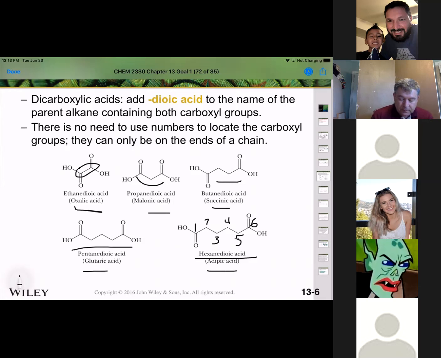So, oh my, such good apples. Oxalic, malonic, succinic, glutaric, and adipic. But the IUPAC name is always correct. And it's, again, total number of carbons, including your carboxylic acids, and then dioic acid to show that you have 2 of them there. Okay, questions on that?